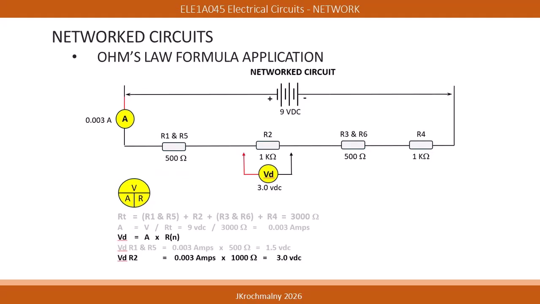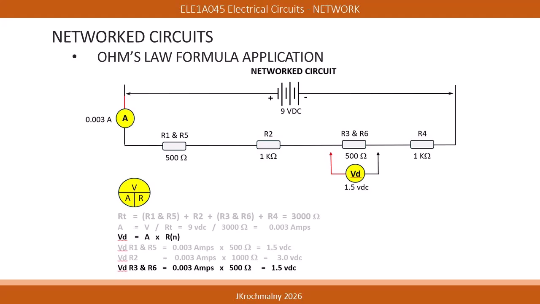Applying the same equation to the R2 resistor, 0.003 amps multiplied times the 1,000 ohm value of resistor number 2 equals 3.0 volts DC dropped across this load.